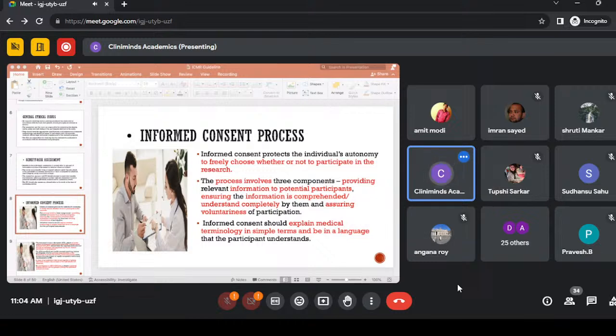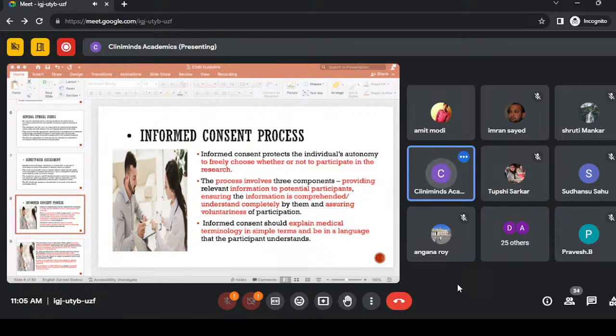What is the financial compensation, the amount of money that will be given to the subject for their participation? What are the subjects' rights when they are participating in the trial, whom to contact in case of emergency, what we are going to do with their data, how we are going to keep their data confidential, and is there any ethical body that is going to review the study. Okay, so all this information is present in the patient information sheet, which is a part of the informed consent document.